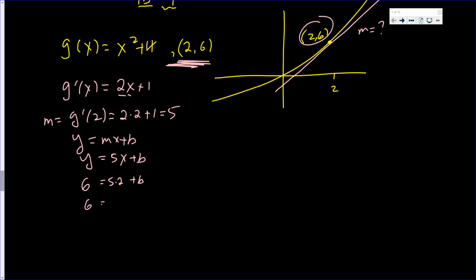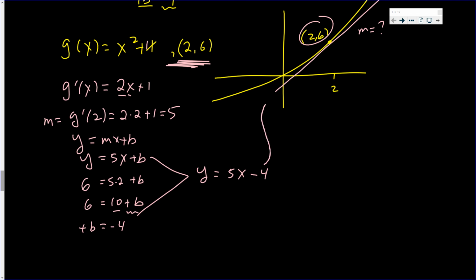So 6 is equal to 10 plus b. Well, plus b better be negative 4. 10 minus 4 is 6. Okay, so I update this, and I learned that y is equal to 5x, and instead of plus b, I write minus 4. That is the equation of that line.